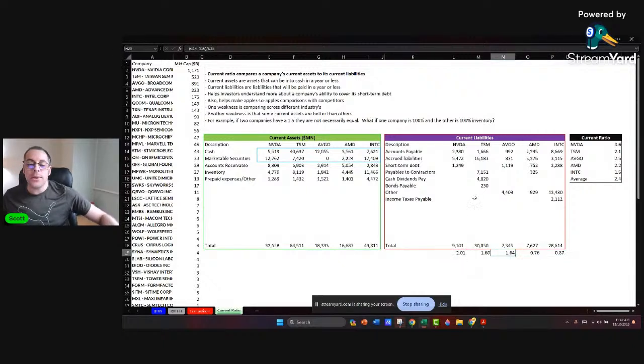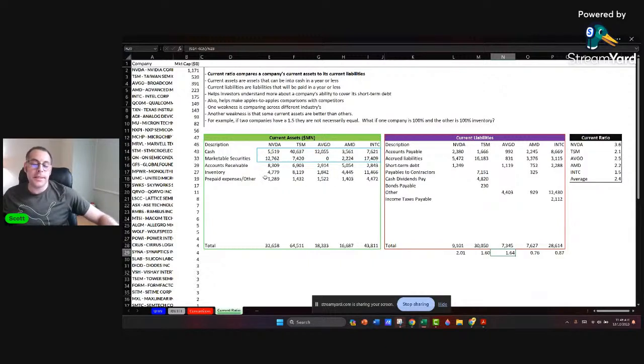So AMD doesn't have enough cash to cover their short term. They have to wait for their customers to pay them, because their customers owe them $5 billion. So they need some of that to cover the shortfall, or they need to convert the inventory into a sale and then get paid for that sale.